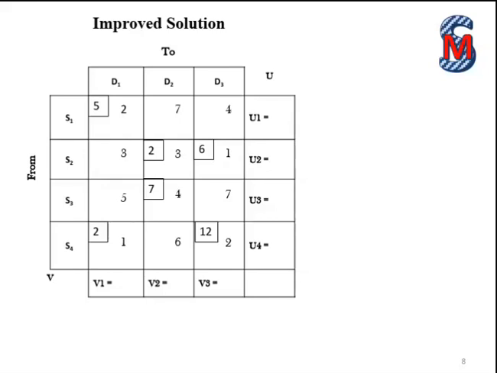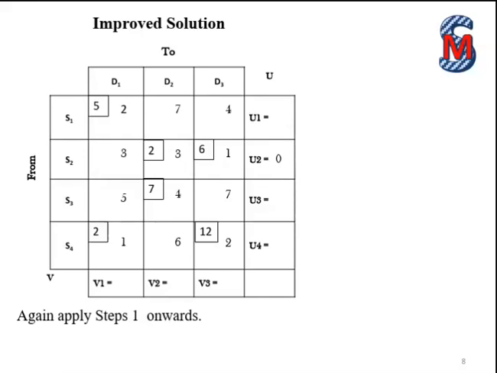So again, to check optimality for this particular solution, we'll have to initialize one of the Uis or Vjs to be 0. So this time, as the second row is having 2 allotments and no other row or column is having more than 2 allotments, we can initialize U2 as 0 this time. Then we can look at the S2D2 allotted cell with cost 3.